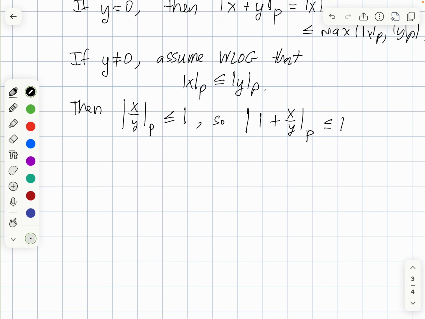Which implies, just by combining the fractions and using the property of the p-adic absolute value, that the p-adic absolute value of x plus y is less than or equal to the p-adic absolute value of y, which is the maximum. And that proves the result.